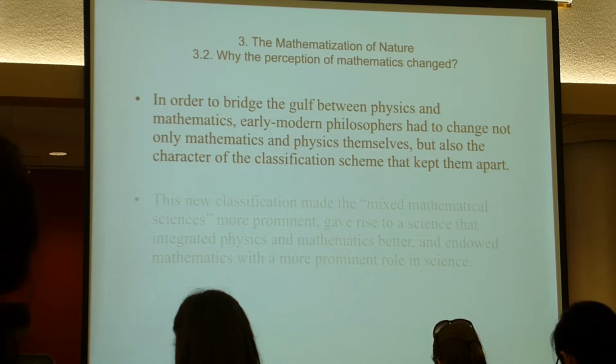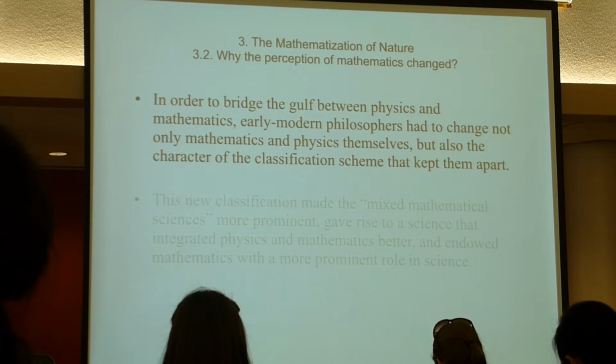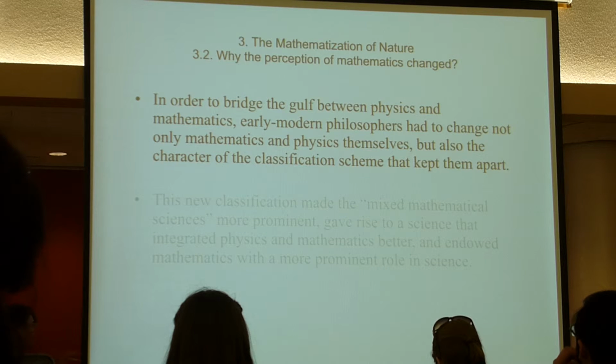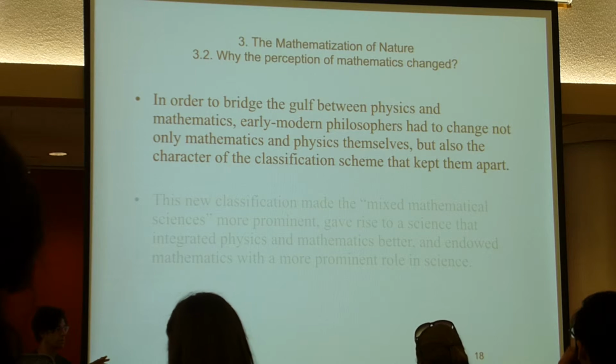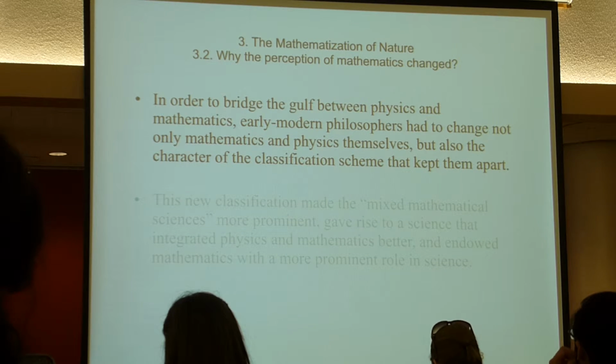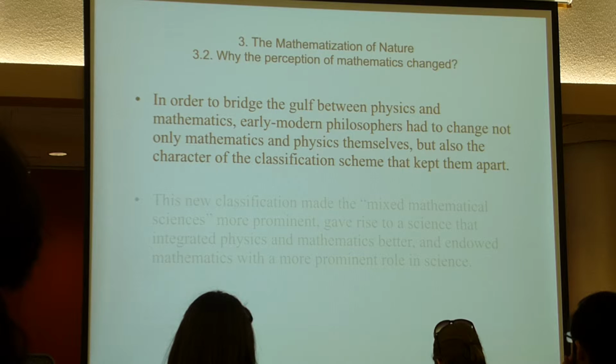So in order to bridge between physics and mathematics, early modern philosophers had to change not only mathematics and physics, but also the character of the classification at the universities. The status and the classification of the place of mathematics and physics and astronomy and mechanics had to change.